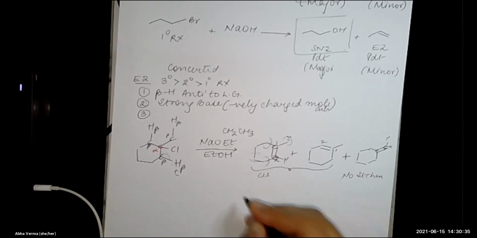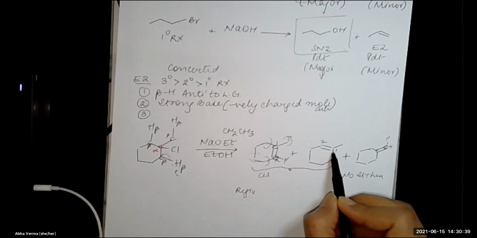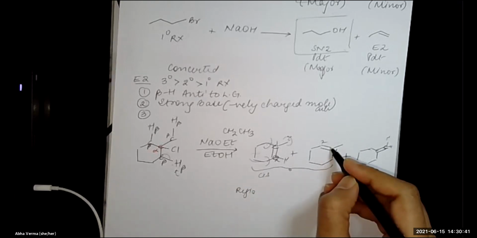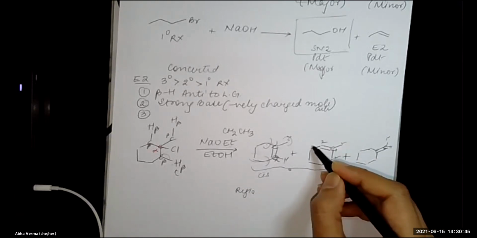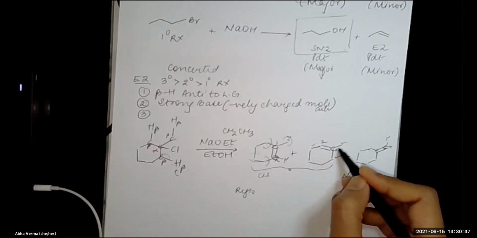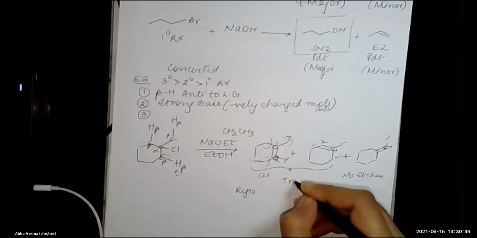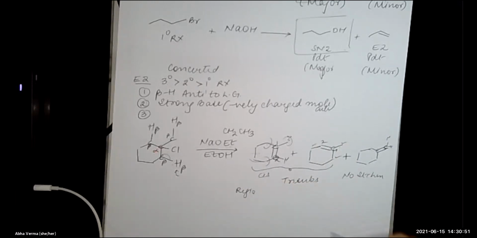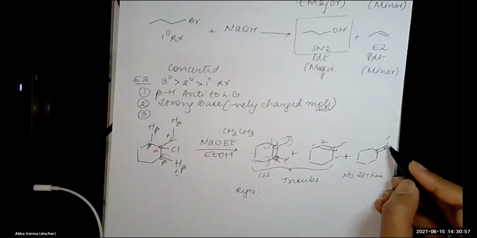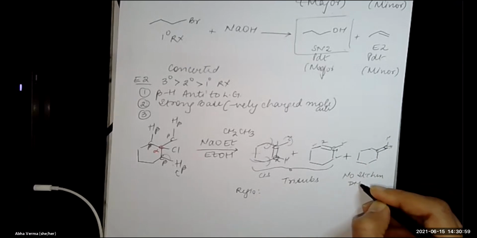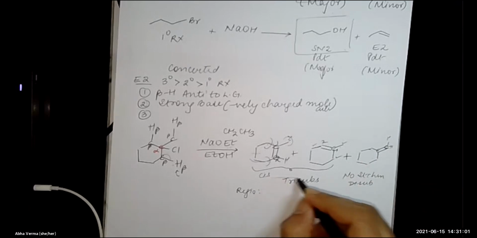Let's look at regioselectivity also. Regioselectively, this is a tri-substituted carbon. 1 group, 2 groups, 3 groups. So this is a tri-substituted carbon, and looking at this, we know this is a di-substituted carbon.